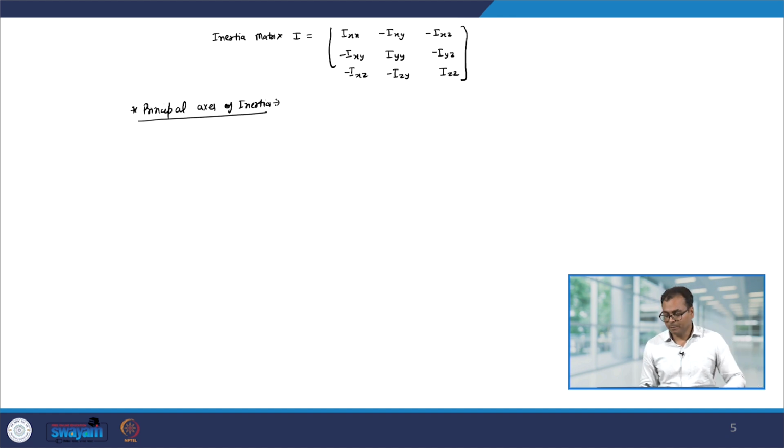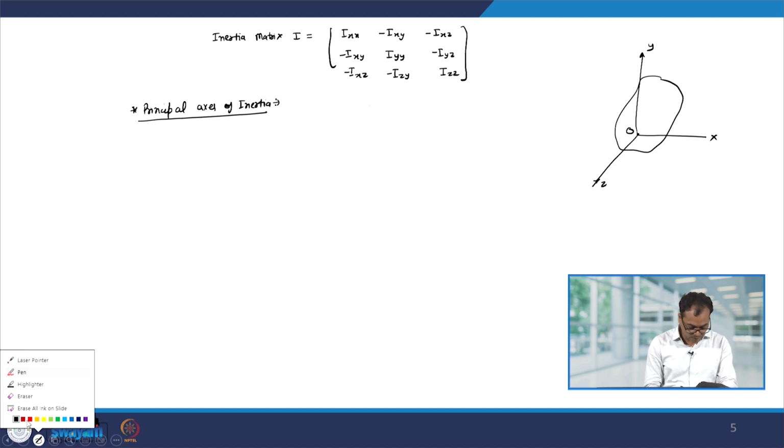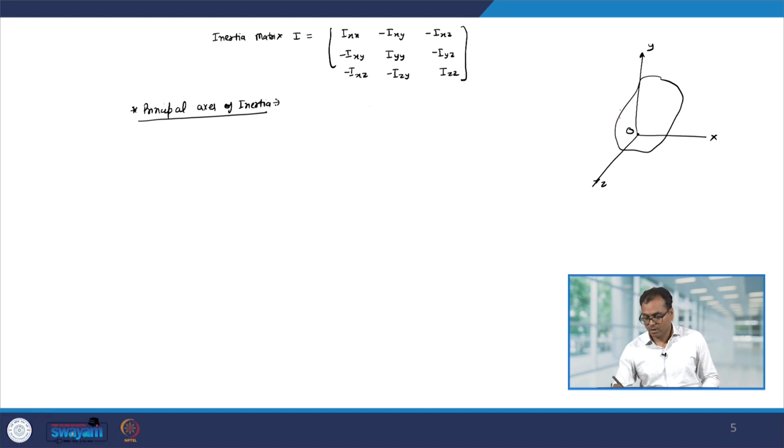And let me remind you, the situation was the following: we had this rigid body, we fix some point O, then the Cartesian axes were x, y and z, and we wanted to find out what is the moment of inertia of this body about an arbitrary axis, let us say OL.